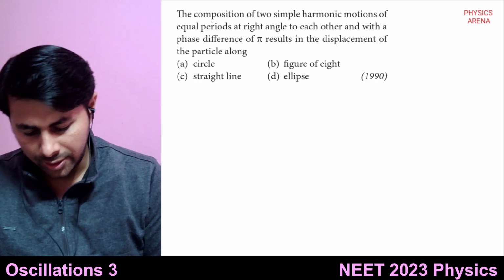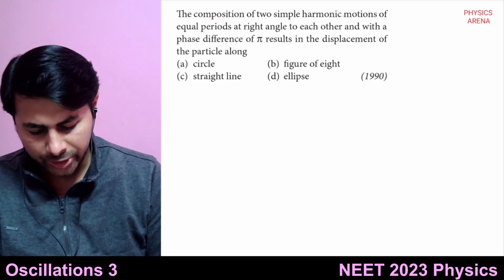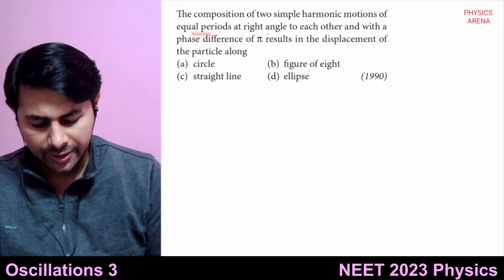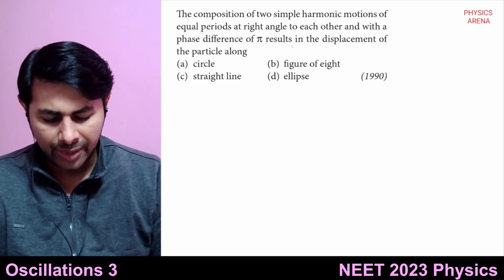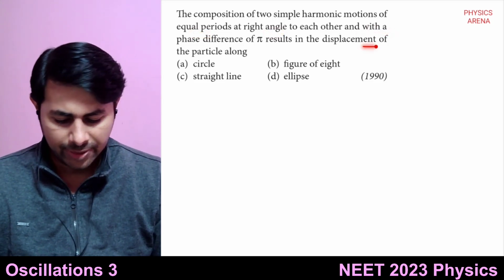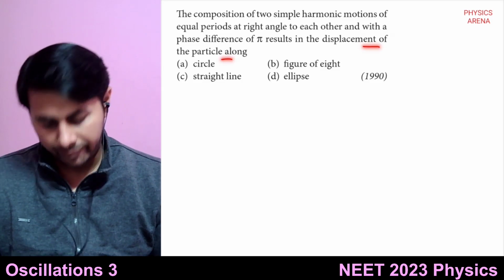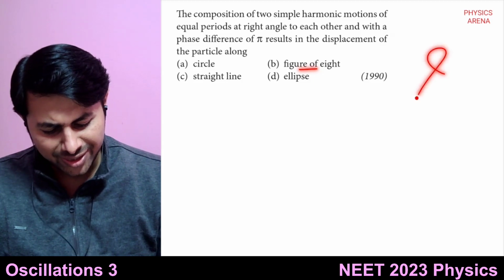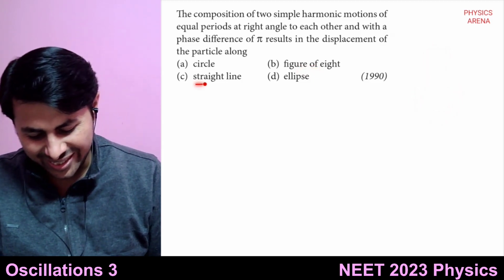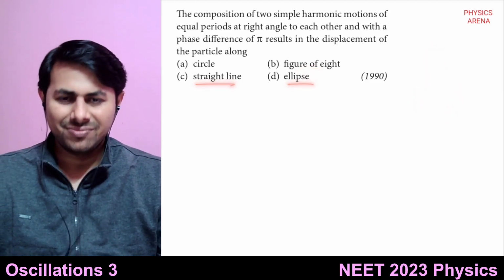The composition of two simple harmonic motions of equal periods at right angles to each other and with a phase difference of pi results in the displacement of particle along a circle, figure of 8, straight line or ellipse.